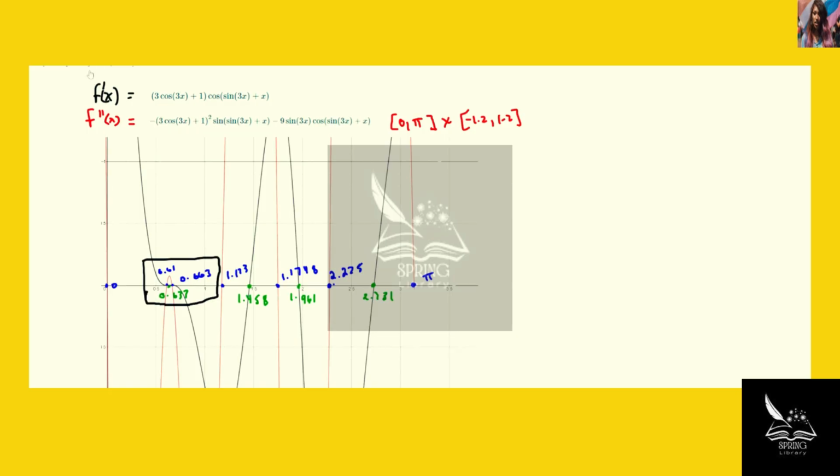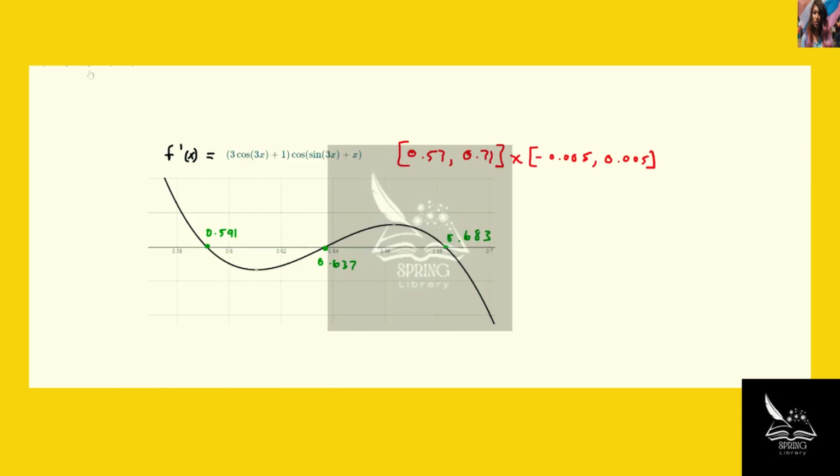If we were to actually zoom into that region, on 0.57 to 0.17 for our x-axis, and along our y-axis negative 0.005 to 0.005, we actually have two more values that occur.